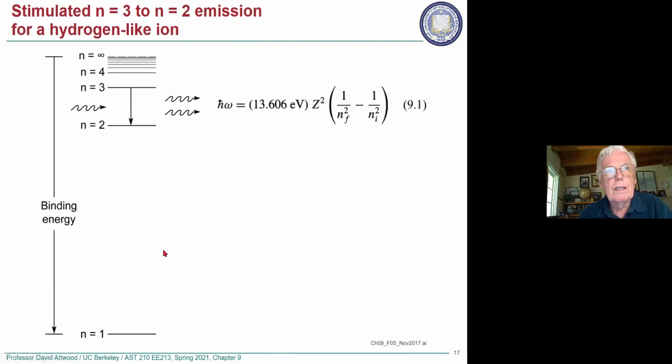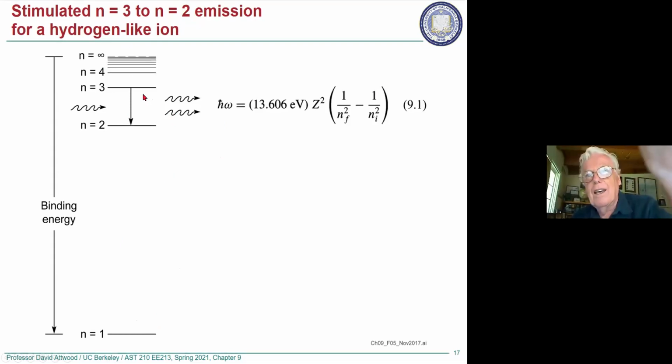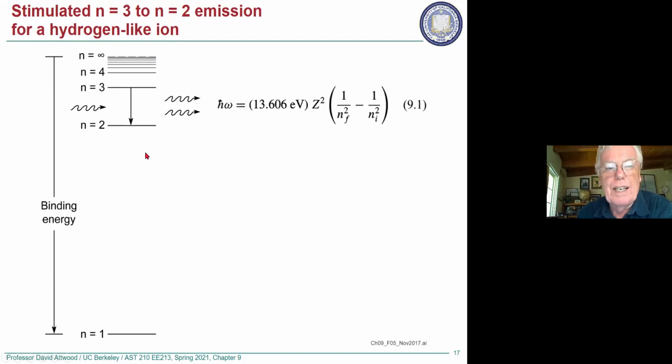Okay, so here's the hydrogen-like carbon. This is a carbon plasma, and this is the hydrogen-like ion. Hydrogen-like means it's got a single electron, but it could be from some atom other than hydrogen. So for the ion, in the carbon case, you've stripped off 5 electrons, there's 1 left, so the charge on the nucleus is 6, okay?